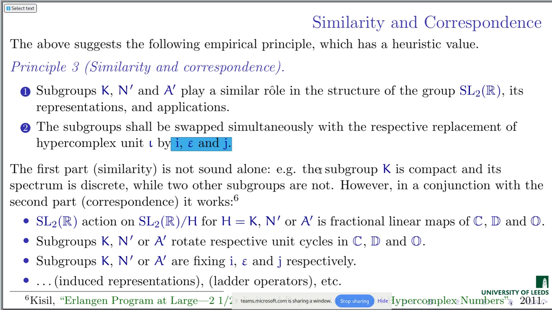Without these numbers, in general, it seems there is too much distinction, say, between the compact group K and the non-compact group A. But if we use the respective hypercomplex numbers, it's possible to hide or overcome that distinction between different situations using the algebra related to these numbers.